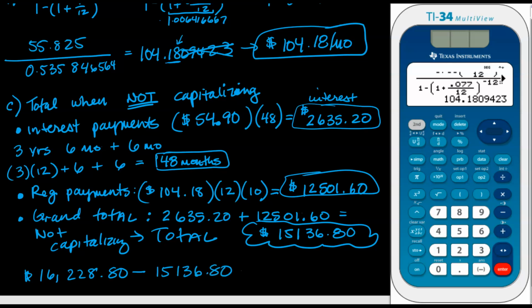That's her grand total when she did not capitalize, to see the difference. And if I do that, I get $1,092. And so that is the answer to this last part C. So basically, by not capitalizing the interest, which means she's making payments while she's in school, she saves $1,092 over the life of the loan.